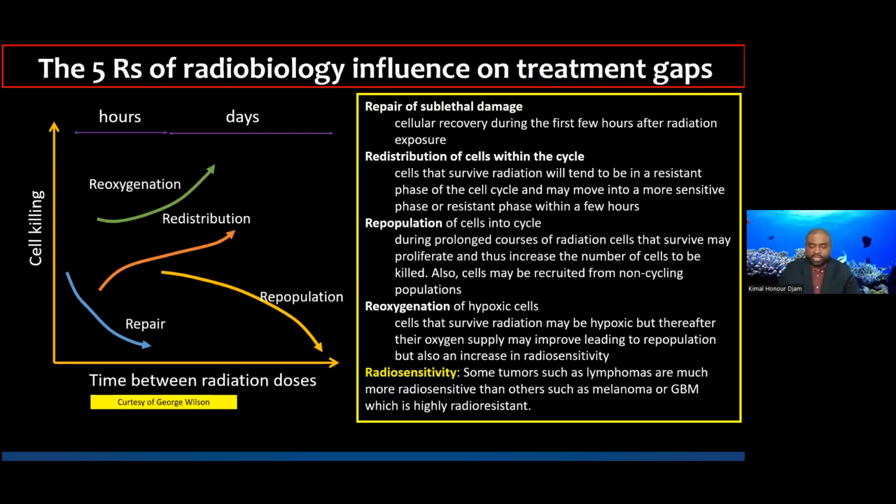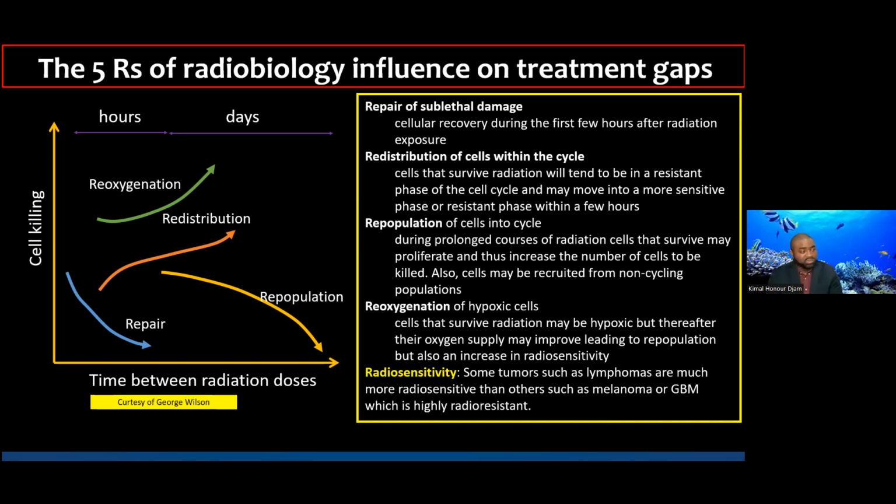Now, I think at this particular point, it's essential for us to look at how the 5 Rs of radiobiology influence the treatment gap, because it really helps us to understand the dynamics of what's going on from when we start treatment until the end of treatment.